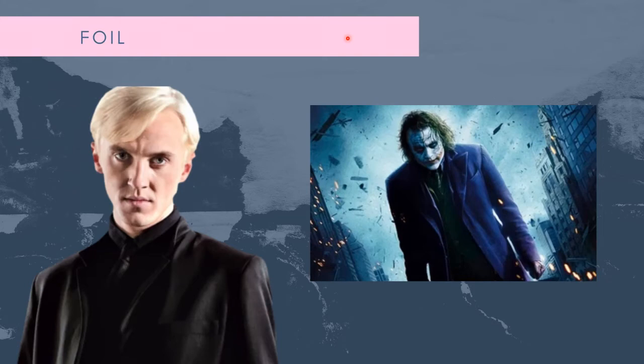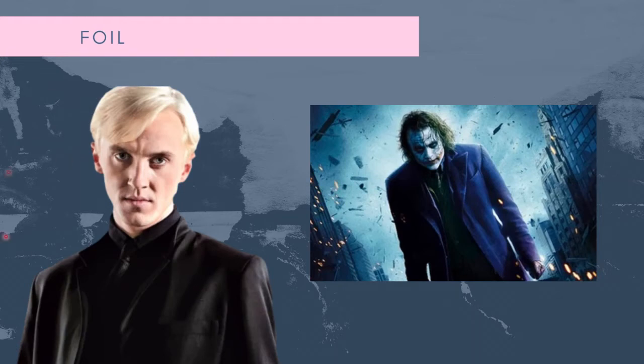Now, for example, here in the Harry Potter series, Draco Malfoy can be seen as a foil to the Harry Potter character. For example, when they have to choose where to go, Harry chooses to oppose Lord Voldemort and the Death Eaters wholeheartedly. It will never change. Harry Potter does not like them and wants to fight against them.